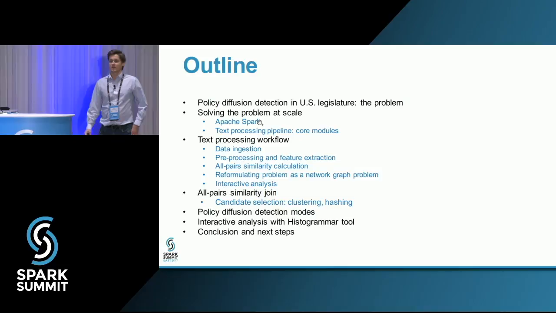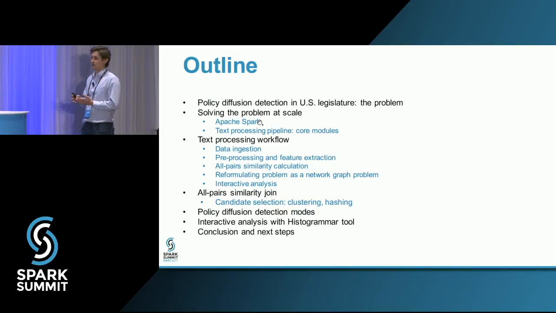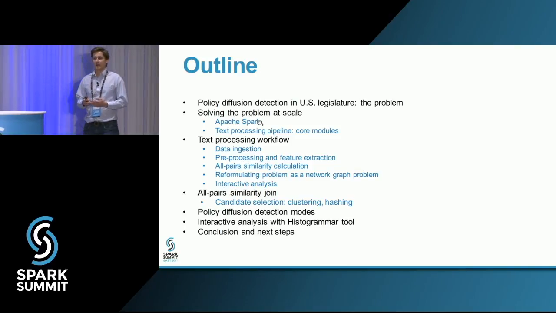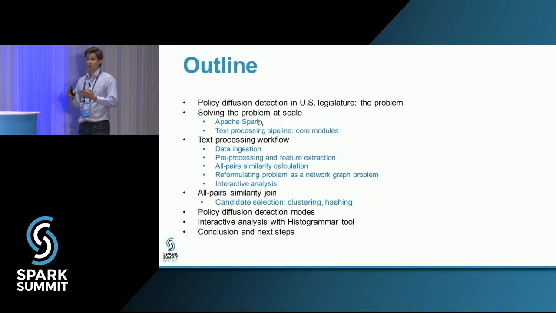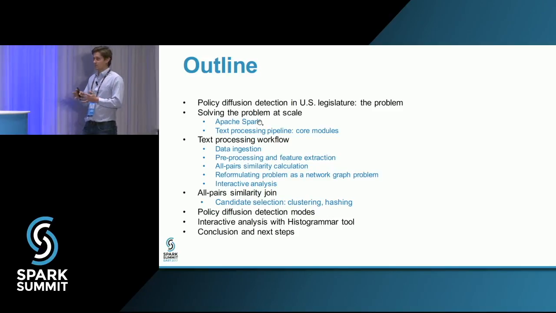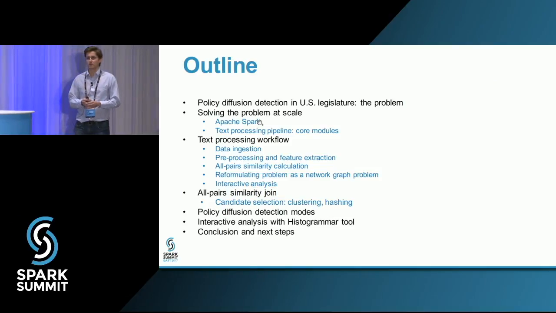I'll start my talk by introducing the policy diffusion problem in politics, what makes it a data-intensive problem, and how we approach solving it with Apache Spark. Then I will spend the core of my talk speaking about the modules or stages of the pipeline and how we put it all together.